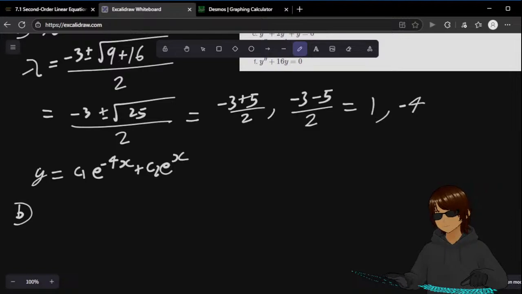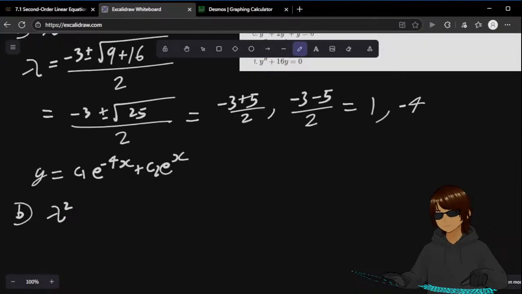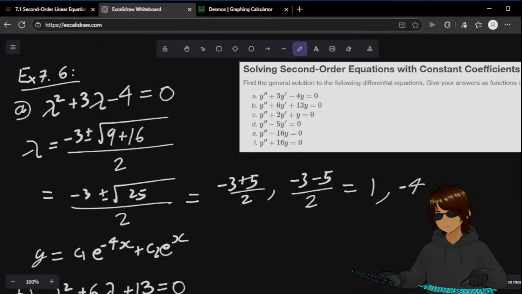We have lambda square again plus 6 lambda plus 13.